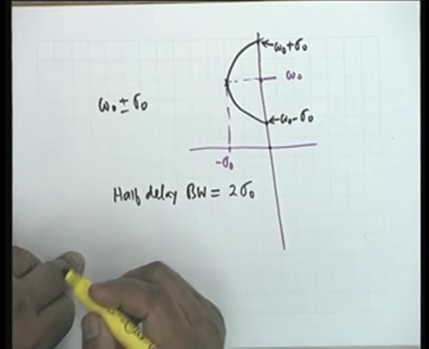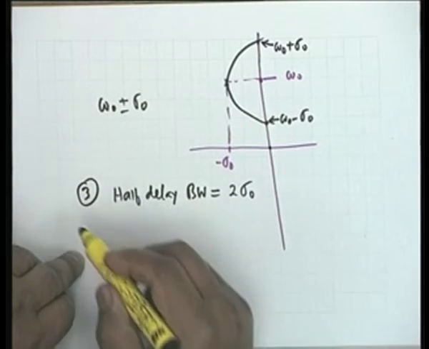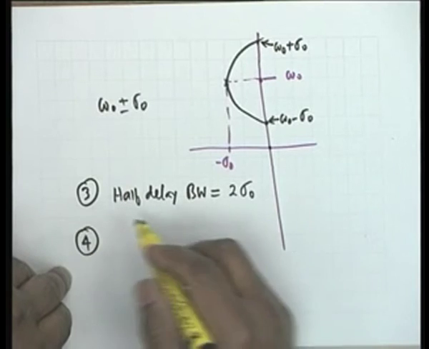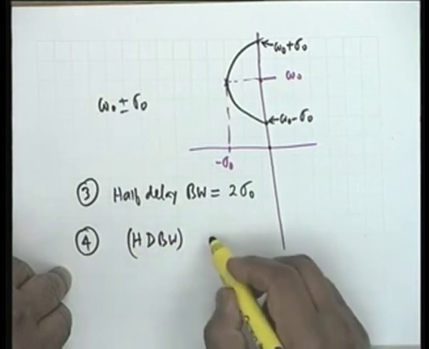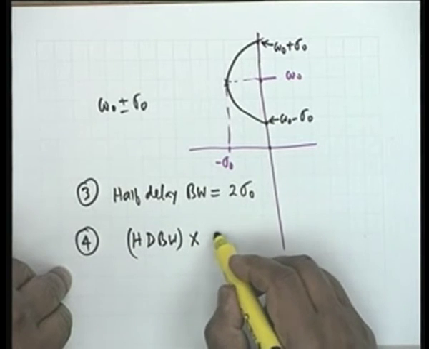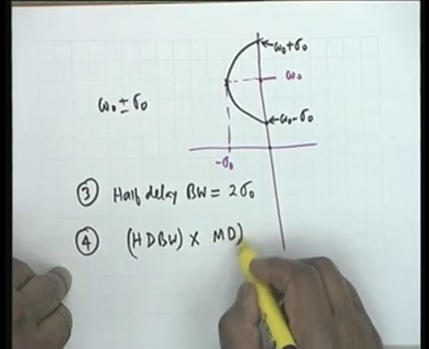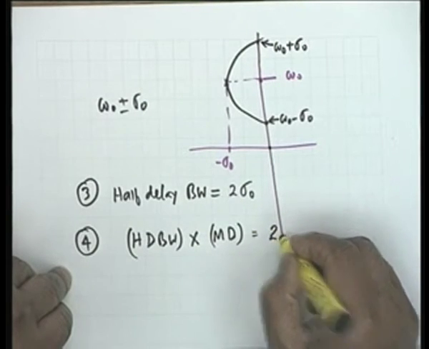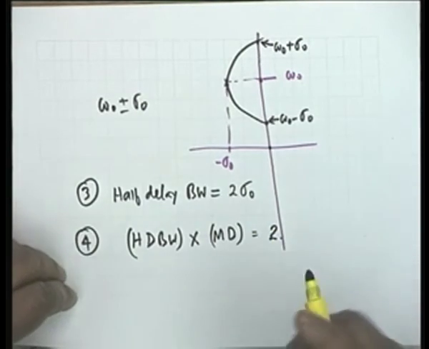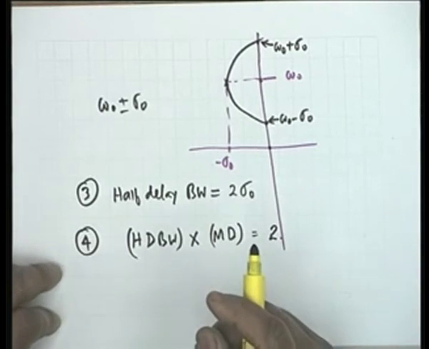Okay. This is the third point to notice, and the fourth point to notice is that half delay bandwidth multiplied by maximum delay is equal to 2, which is a kind of an uncertainty relationship. Isn't that right?